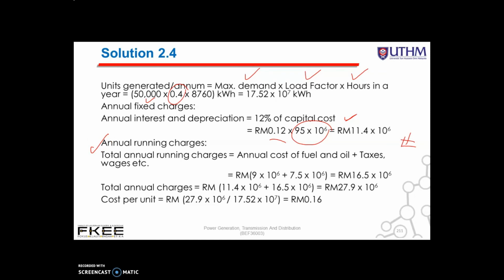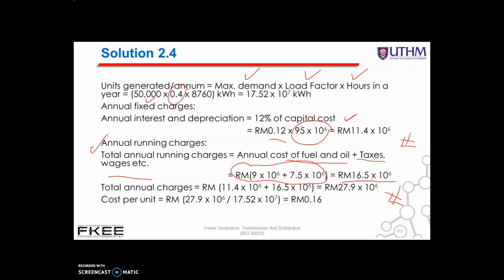The total annual running charges is the annual cost of fuel and oil plus the taxes, wages, etc. You sum up these costs, then you get the total annual running charges of RM 16.5 times 10 to the power of 6. So the total annual charges is the annual fixed charges plus the annual running charges. So you get RM 27.9 times 10 to the power of 6.